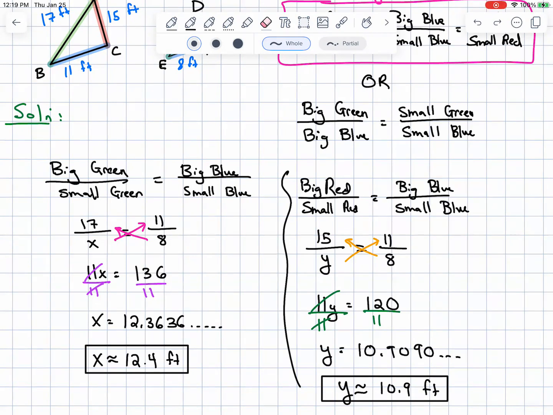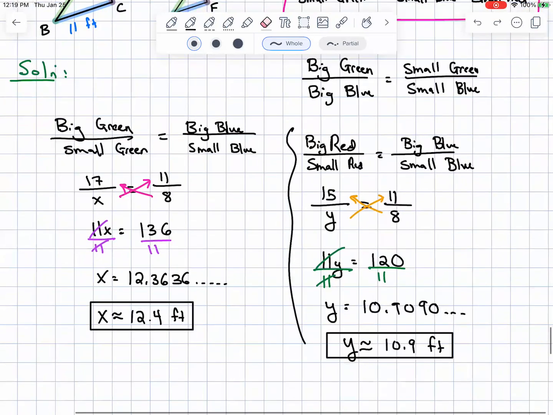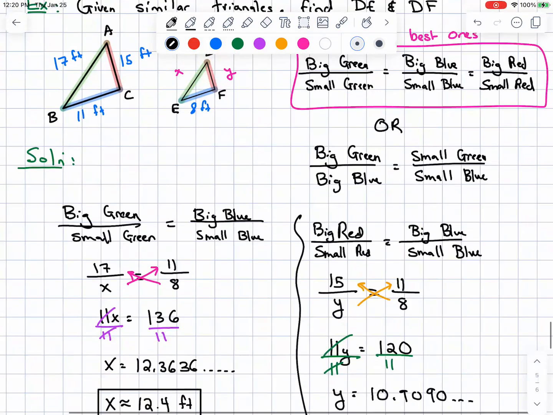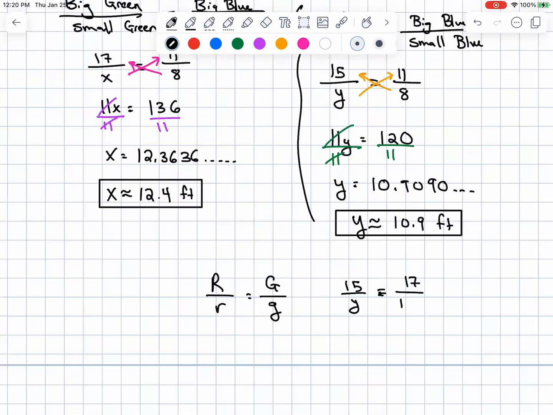And to show you what happens, if you decided to do big R over small r equals big G over small g, you get 15 over y equals big green, which is 17 over 12.4. If you do this, 15 times 12.4, divided by 17, you end up with 10.941.